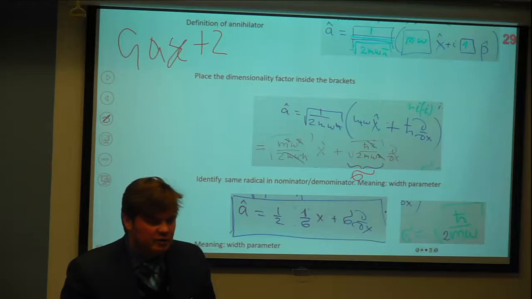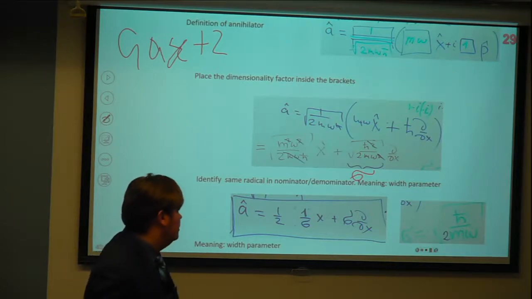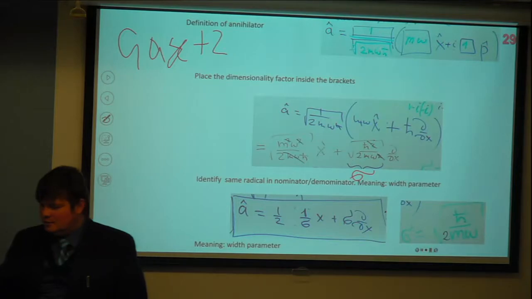The only difference is that on the left we had the annihilation operator times an unknown function, and on the right side we had 0. Right now it will not be 0. But this analogy tells us that the ground state of the oscillator is also a coherent state with 0 amplitude. So I'm going to use this definition.